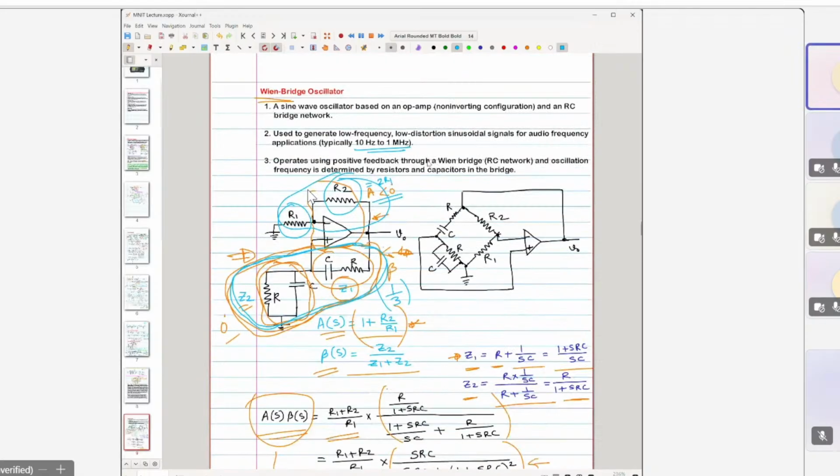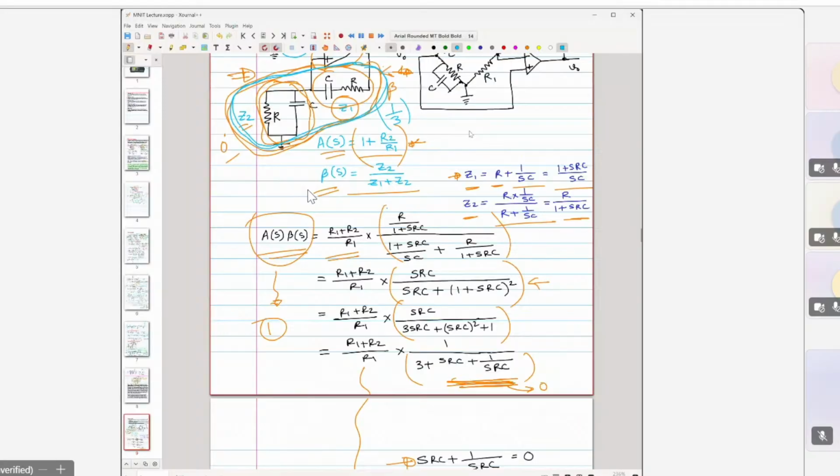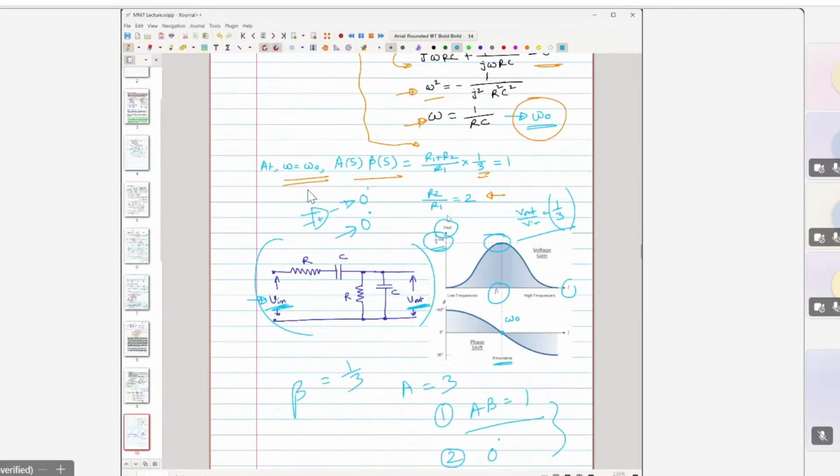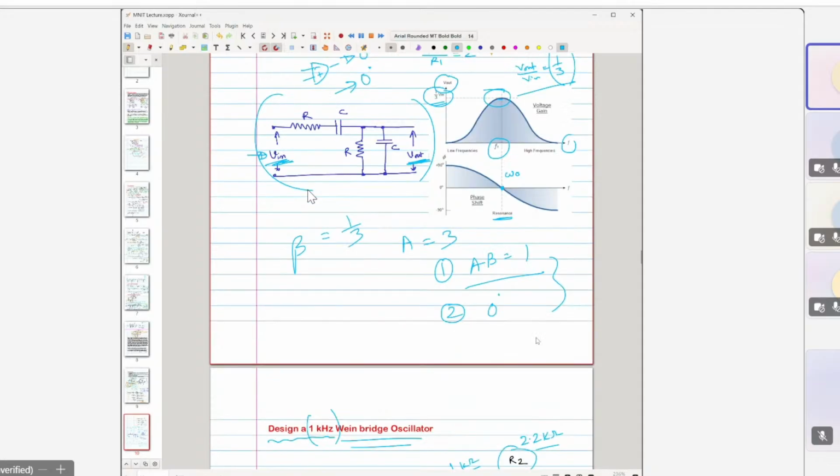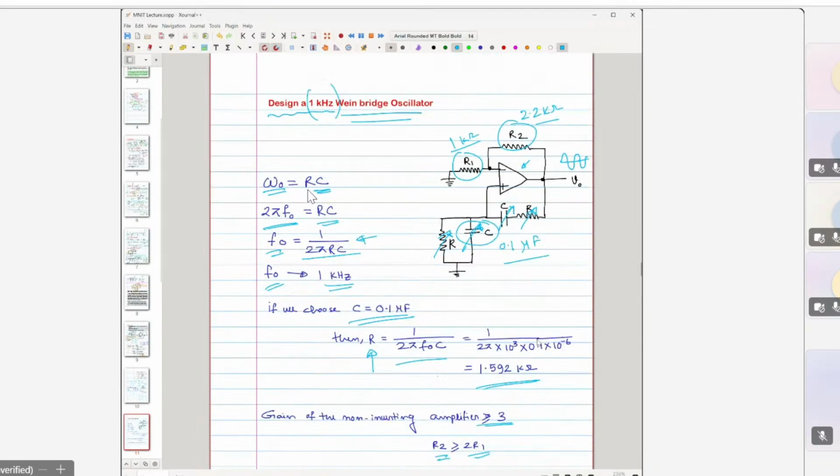We also discussed the Wien bridge oscillator, how this oscillator works, and the different criteria for its oscillation: different magnitudes, attenuation, phase. Then how to design a specific simple Wien bridge oscillator.